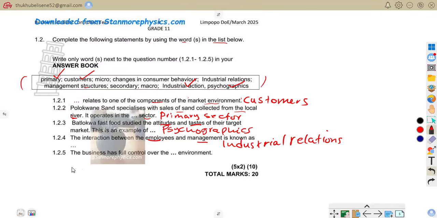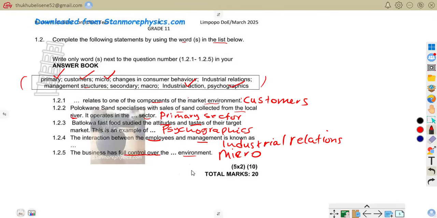Let us move on to the last one on 1.2, which is 1.25. The business has full control over the dash environment. So there the correct answer is micro environment. We know that the business has full control over the micro environment.